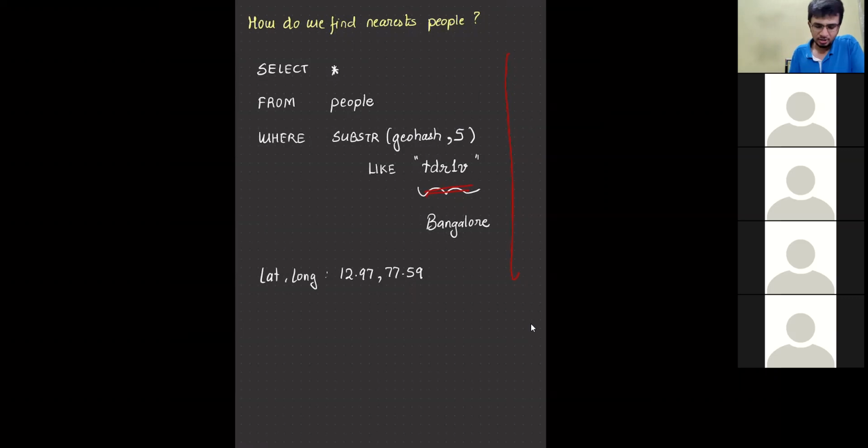So it's as simple as SELECT * FROM people WHERE SUBSTRING(geohash, 1, 5) = 'TDR1V'. Basically, the first 5 characters of the geohash of all the people should match TDR1V. As simple as that. This could be the simplest SQL query solution for this problem, and you can very easily find people who are closer to you. Basically, all the people from Bangalore should come to my Tinder account.